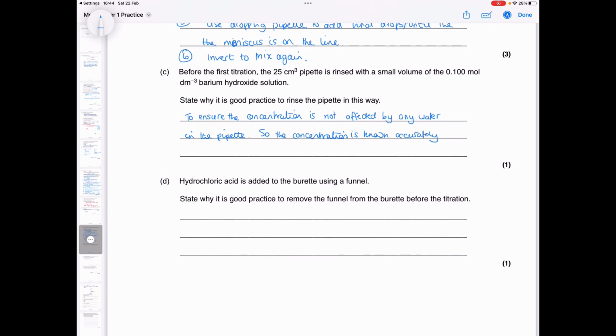Hydrochloric acid is added to the burette using a funnel. State why it is good practice to remove the funnel from the burette before the titration. To ensure no drops of HCl fall into the burette during the titration.